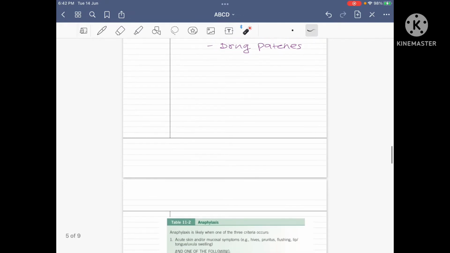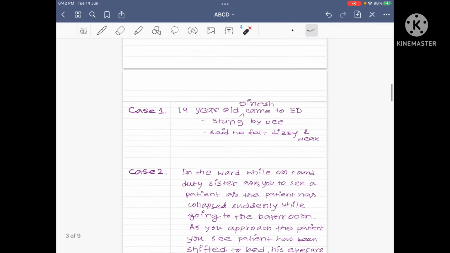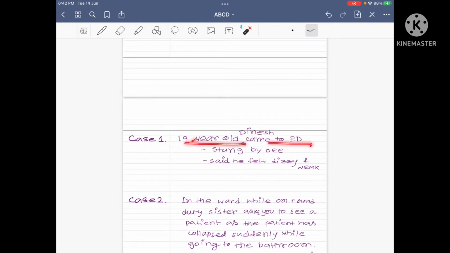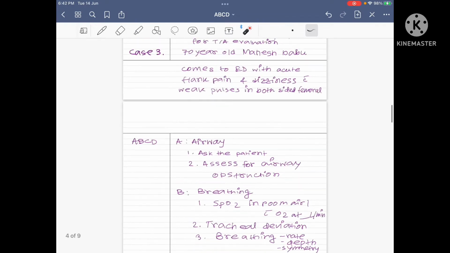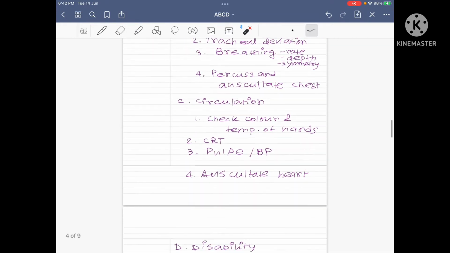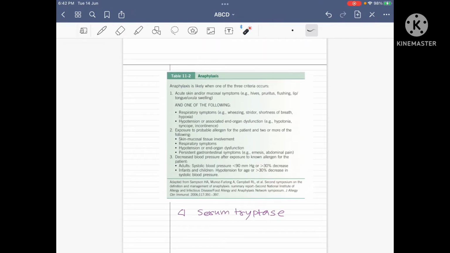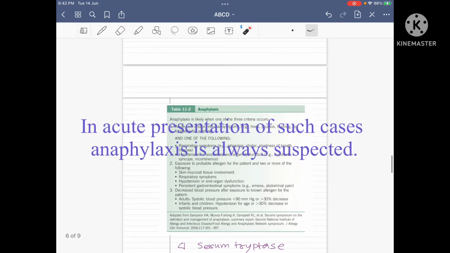Next, come to case 1. A 19-year-old boy came to the ED, stung by bees, dizzy and weak. So always suspect anaphylaxis in these cases, an acute condition.